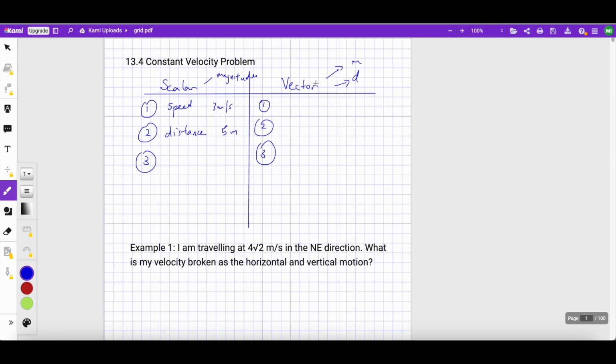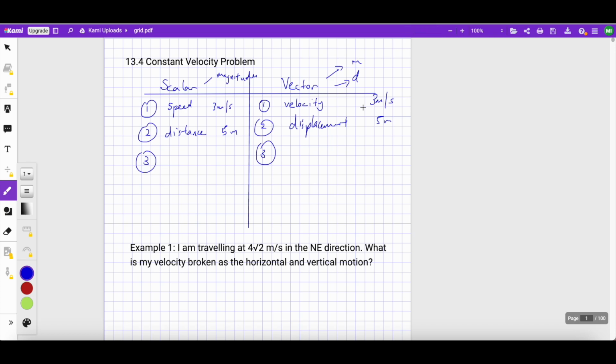So basically, a vector has some sort of direction attached to it, apart from just a magnitude. Things like velocity and displacement are essentially vector quantities. They have the same unit as a scalar quantity, but a vector tells you the direction. That is the main difference.